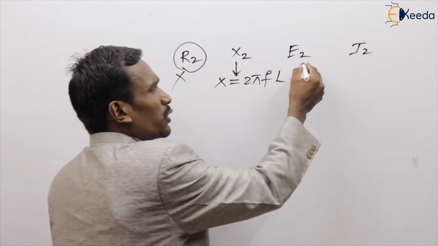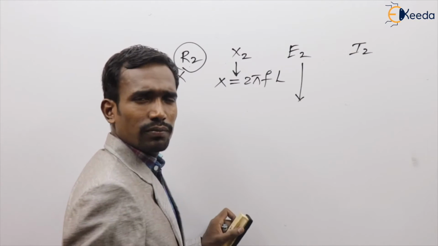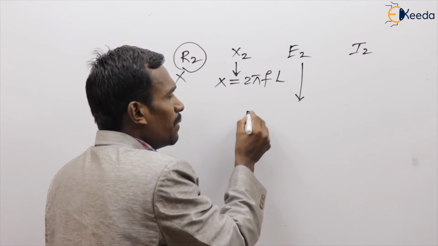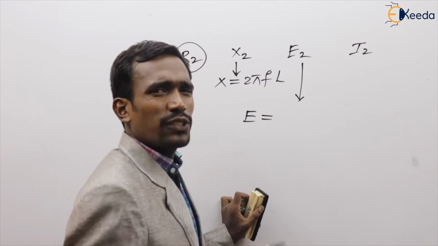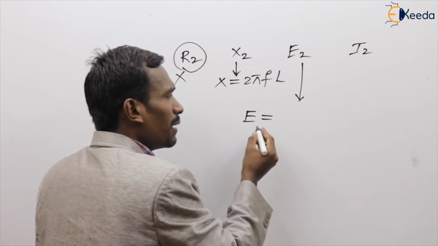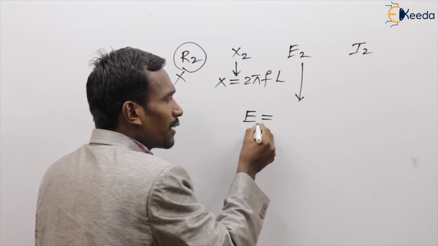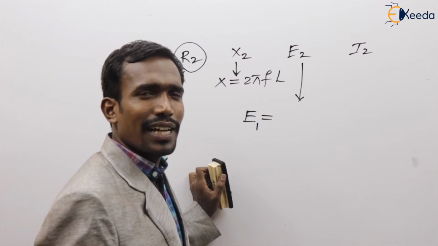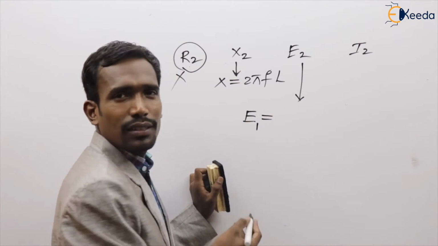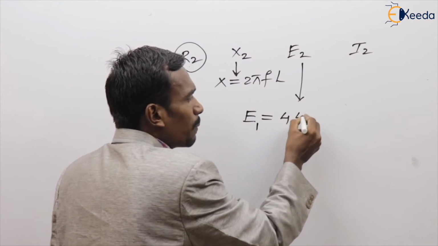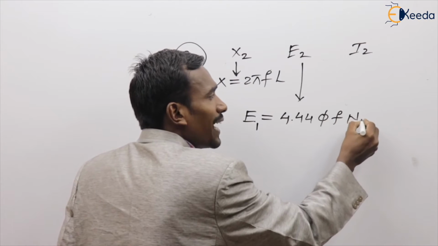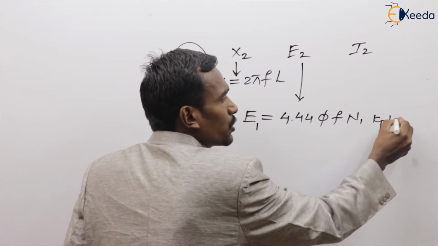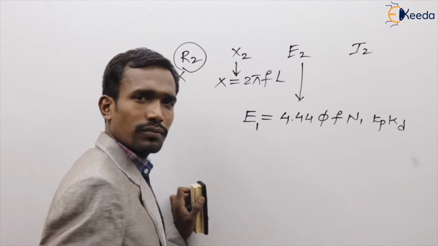And next one, E2, the EMF. Generally, what is the formula for EMF? Like a transformer. For example, the EMF for the first winding, stator winding or primary, E1 is equal to 4.44 into phi into F into N1 into Kp into Kd.